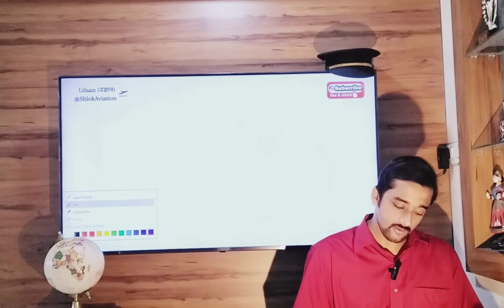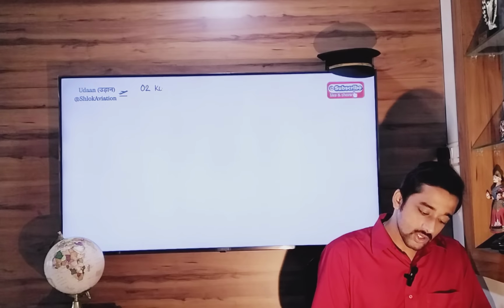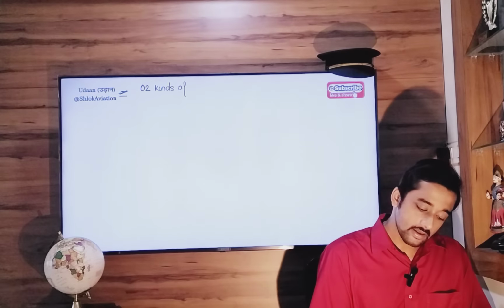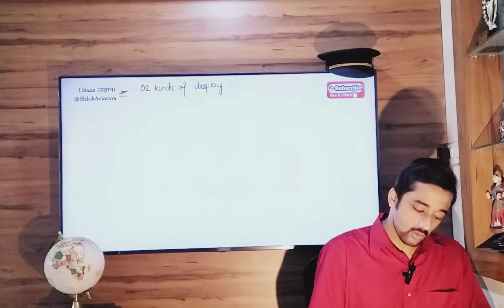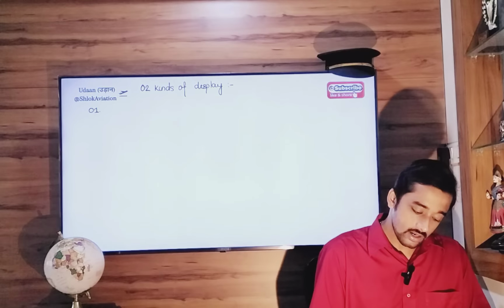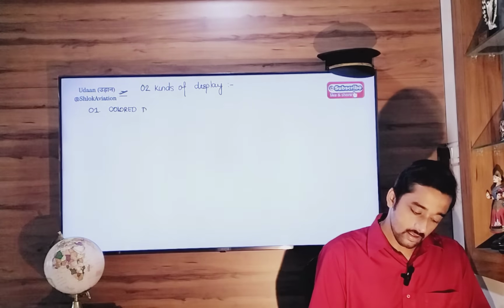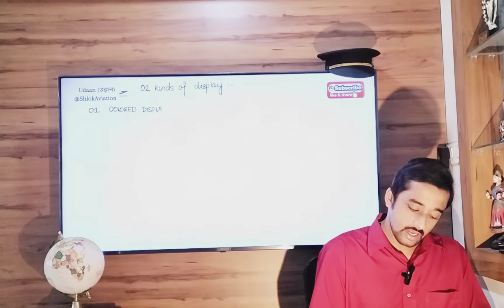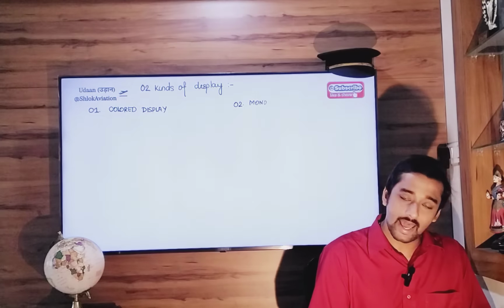Now there are two kinds of displays. In the first one, you have a colored display, and in the second one, you have a monochrome display or black and white display.